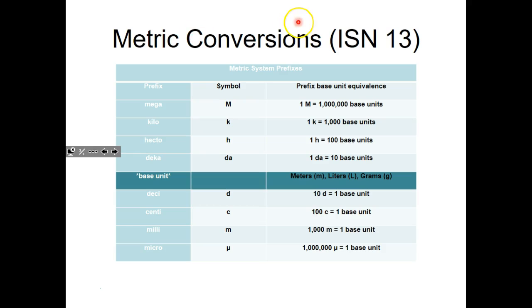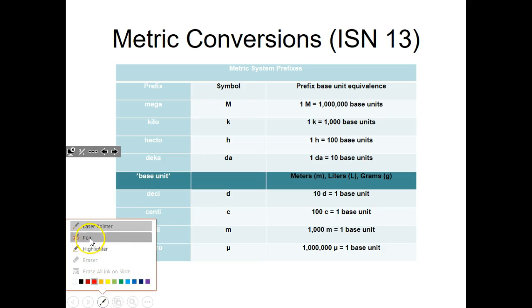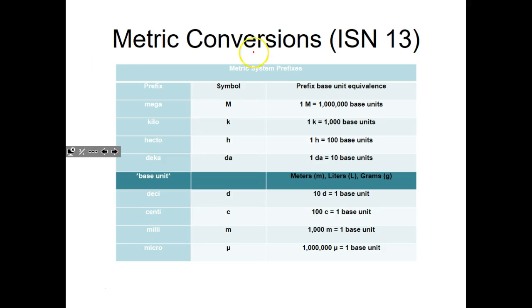Some things just to refresh your memory that we just talked about, if you want to label in your ISN. When you are going from a larger to a smaller prefix, so remember when we're going down in this chart, you're going to move the decimal to the right. Okay, and just remember that this jump here is 3 decimal places.